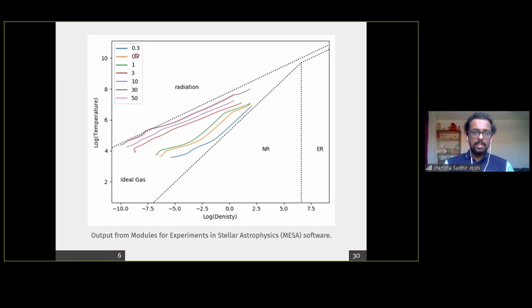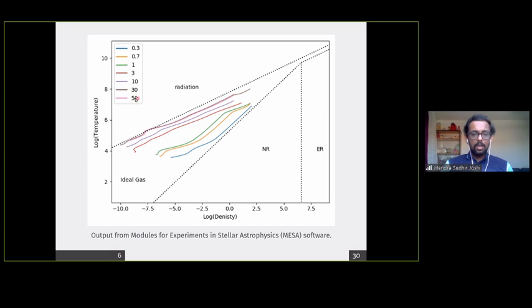As you can see here, these are nothing but different stars with different masses. This one is a 50 solar mass star, which means the mass of the star is 50 times that of the sun. And this is a one solar mass star. This is 0.7, this is 0.3 solar mass star.